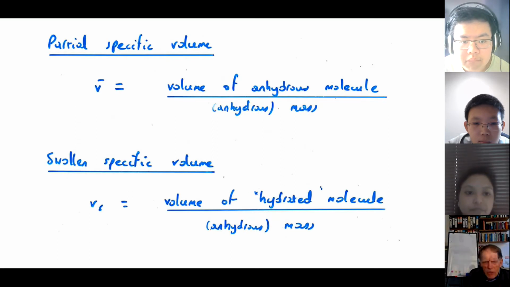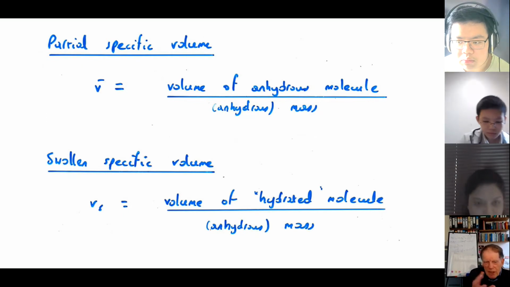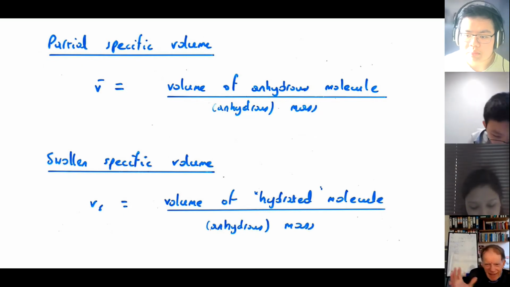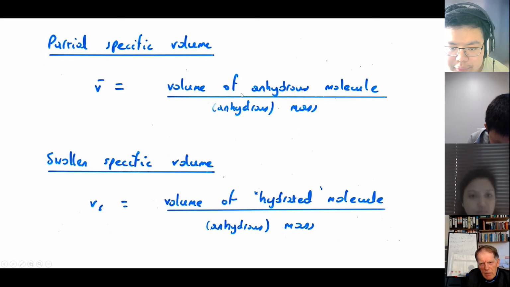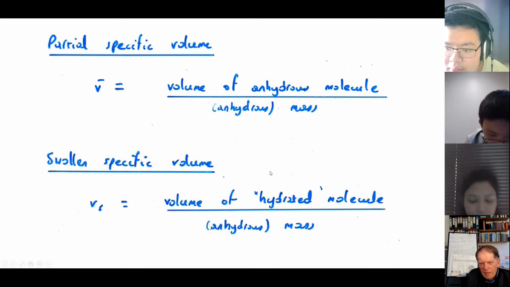And there's two useful specific volumes here. The first is the partial specific volume. Partial you could think of in terms of representing the dry part. So it's a simple little v with a bar across the top, and the partial specific volume is the volume of the anhydrous molecule divided by the anhydrous mass, so mils per gram.